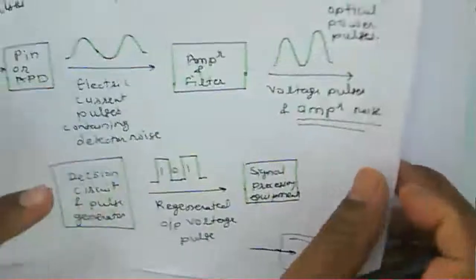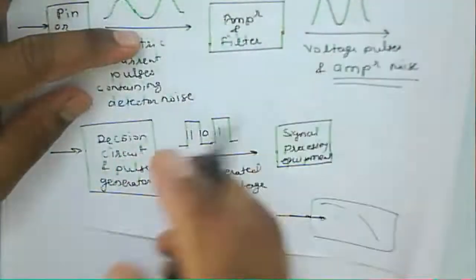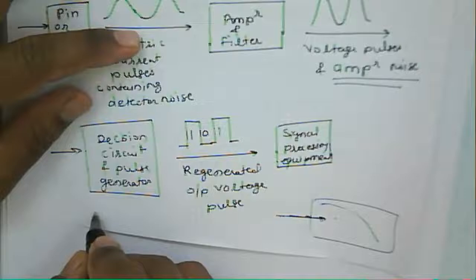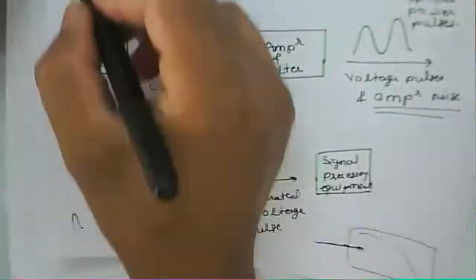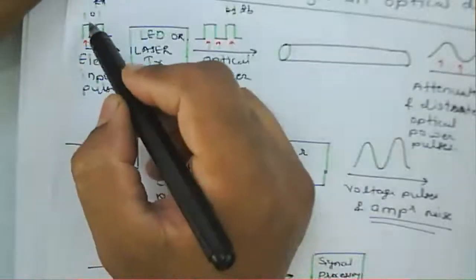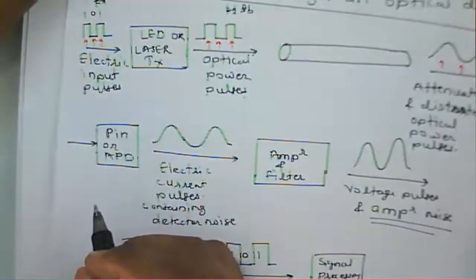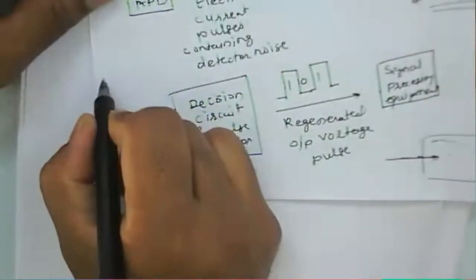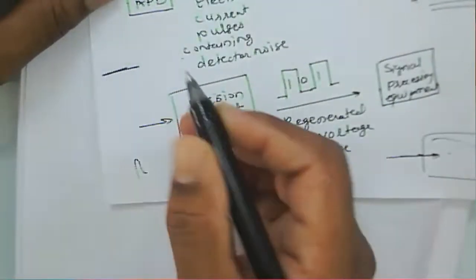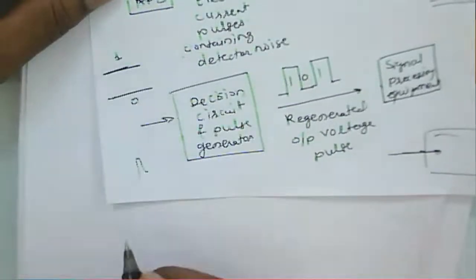So that's why we need to see whether we are getting overlapping pulses or whether we are getting a 1 or 0, because we say that 1 and 0 have some level. For 1 there is some voltage level, and for 0 there will be some other level. Suppose this is the 1 level and this is the 0 level.